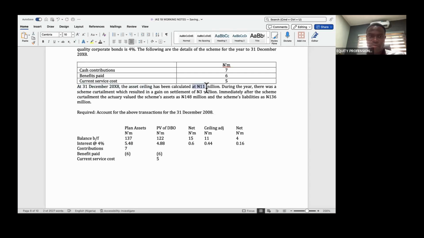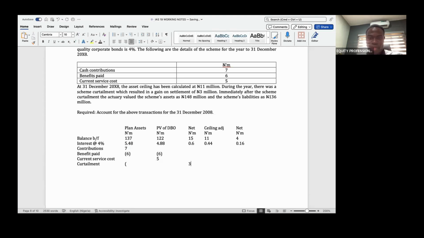This asset ceiling 11. So there was a scheme curtailment resulting in a settlement, and they already gave us the gain on settlement of 3 million, no problem. So when there's a curtailment, that means they need to settle people. In this case, they gave me the gain directly as 3, right?